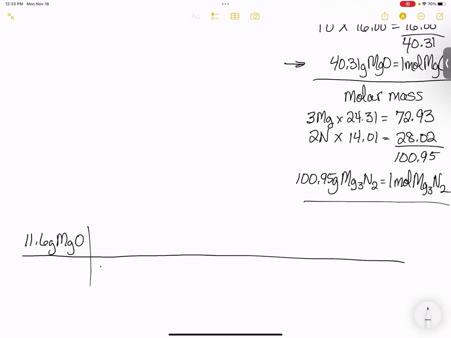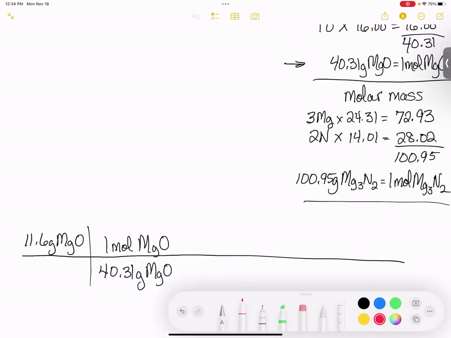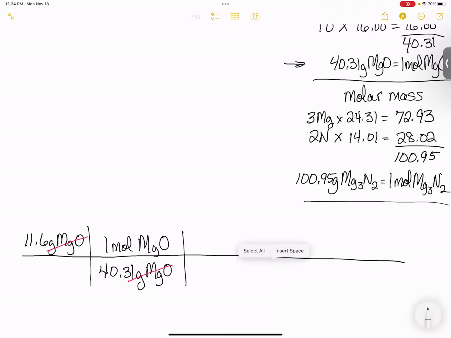So I'm going to put the 40.31 grams of magnesium oxide in the denominator and the mole in the numerator. The grams were placed in the denominator so that the unit and the substance would cancel out, leaving moles of magnesium oxide. Now I got to get rid of moles of magnesium oxide.